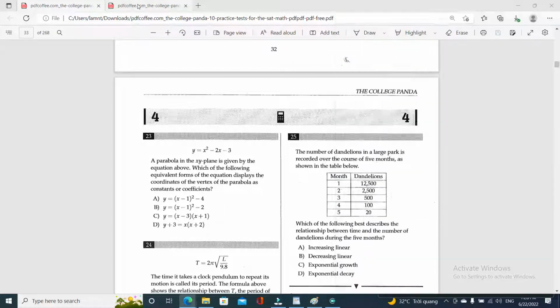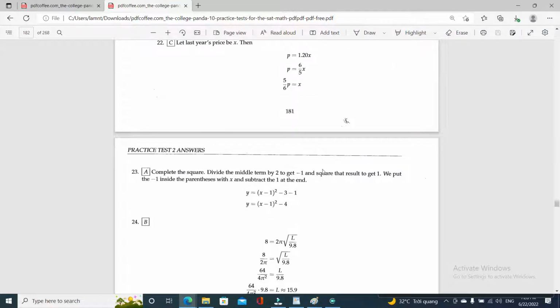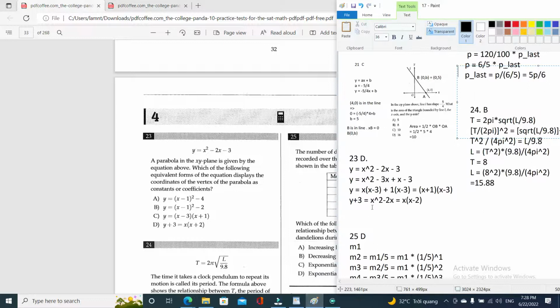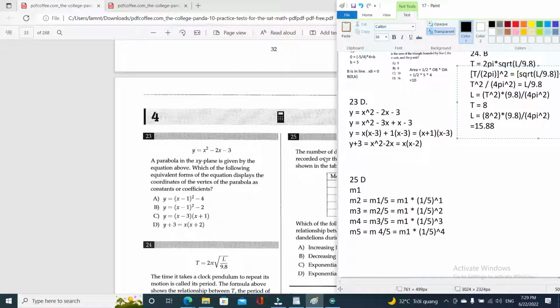Okay, so this is the form they want us to get. The vertex is actually not the solution. Its tip is minus b over 2a.